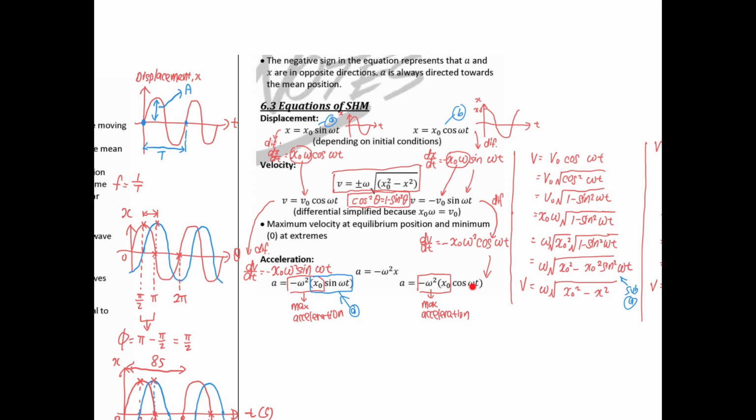Likewise, for this equation, if you replace the thing in the bracket here with equation B, then the bracket becomes x. So it becomes minus omega square x, which is this formula. So at the end, we get the formula for simple harmonic motion.